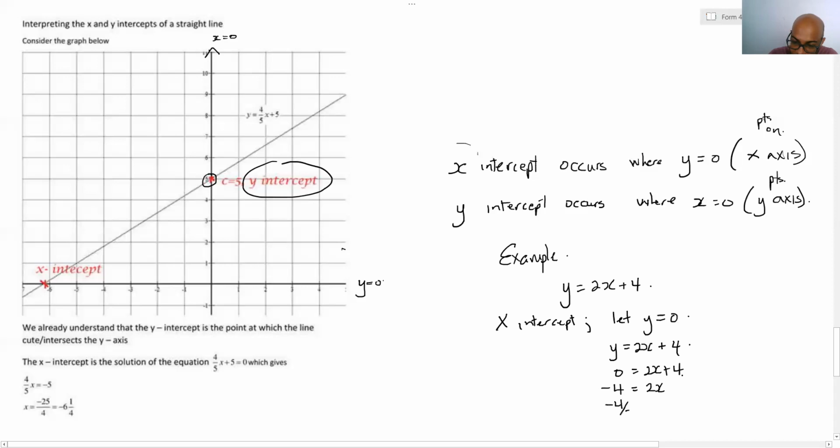Just move everything across the equal sign. X is going to be minus 2, right? So the answer here will be x is minus 2 and y is 0. This is my x-intercept, right?